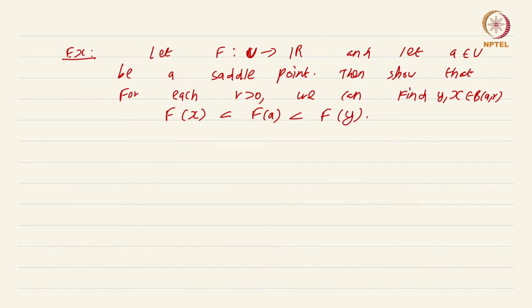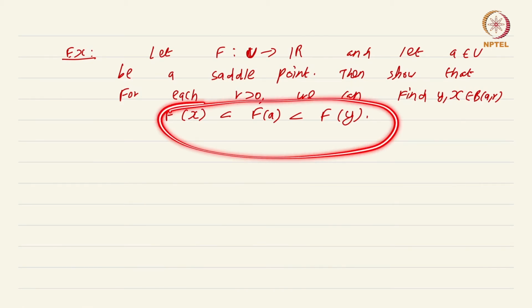For every r, in the open ball B(A,r), you should be able to find points x and y such that f of x is less than f of A is less than f of y.